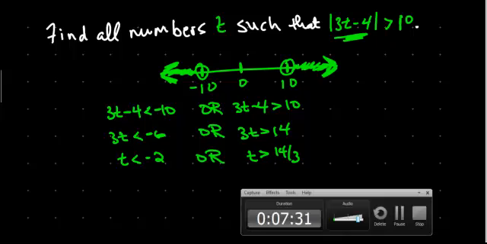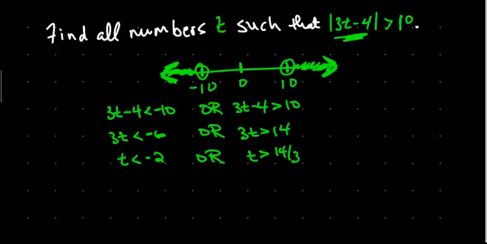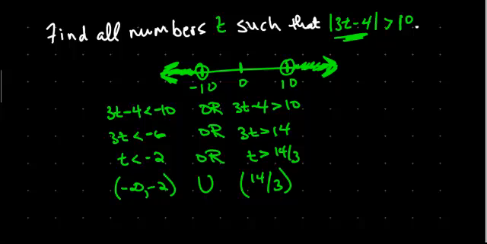Let me pause for a second. Okay, so this gives me, what is this set here? t is less than -2, so that's going to be -infinity to -2, or that's going to be a union. t is bigger than 14/3, so that's 14 divided by 3, 14/3 to infinity.